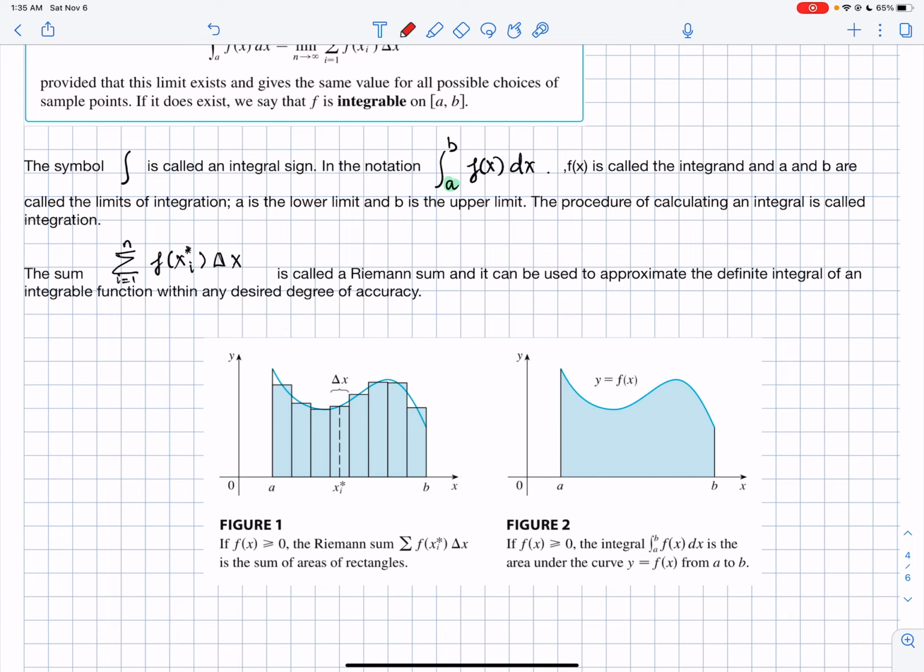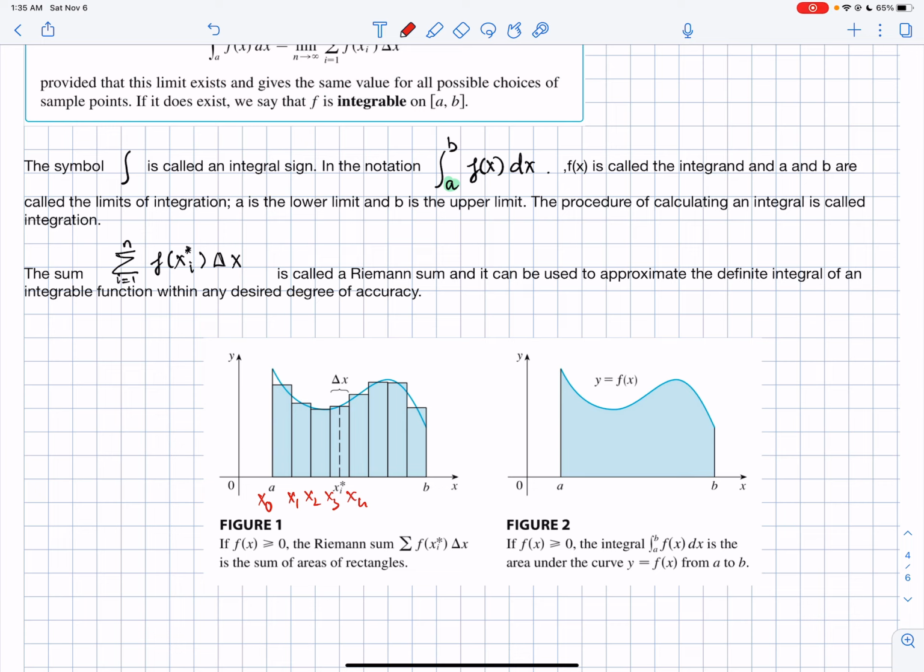The endpoint a, we assign this as x0, and then x1, x2, x3, and then x4. So you learned in the section before, we can use the right endpoint or the left endpoint to calculate the area. In this definition, they said that you can choose any x to be the height.